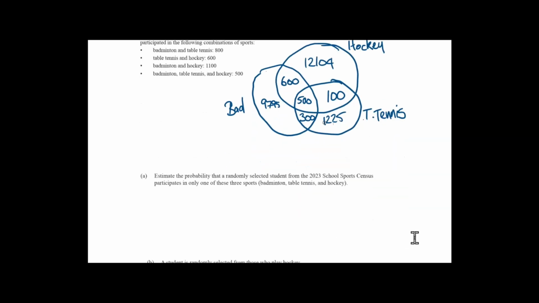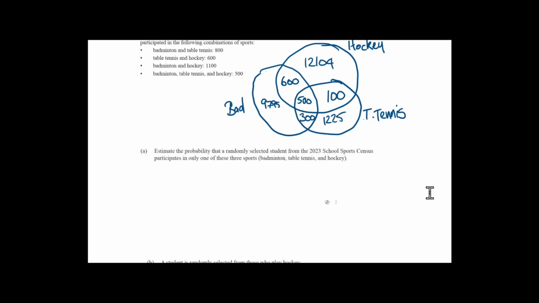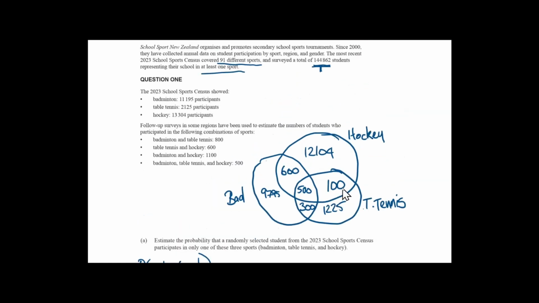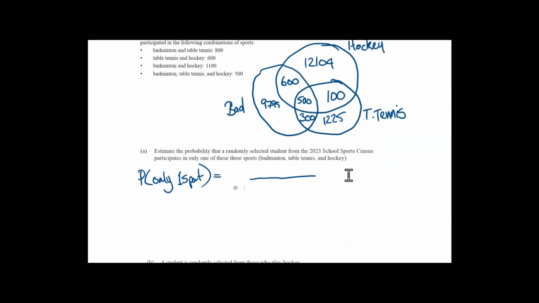So estimate the probability that a randomly selected student participates in only one of these sports. So probability only one. It's always going to be something out of something, and it's going to be that big number, 144862.